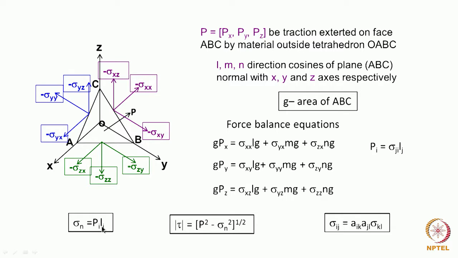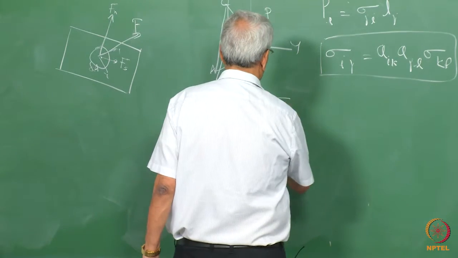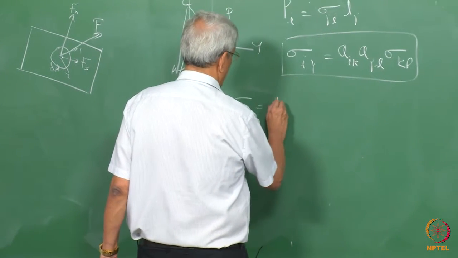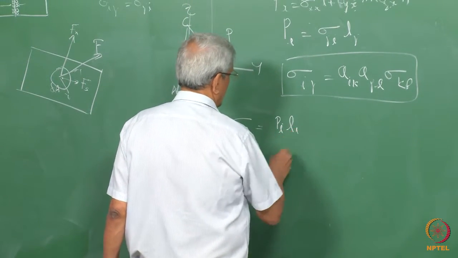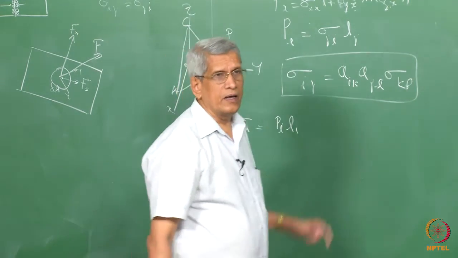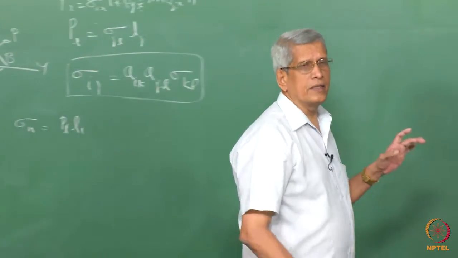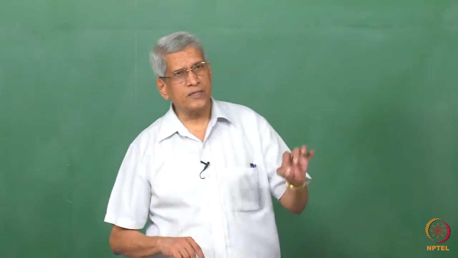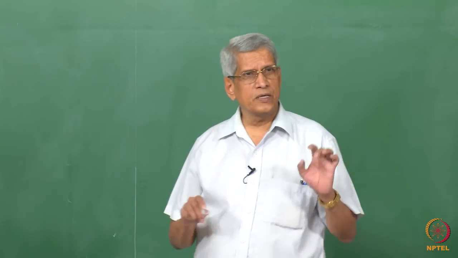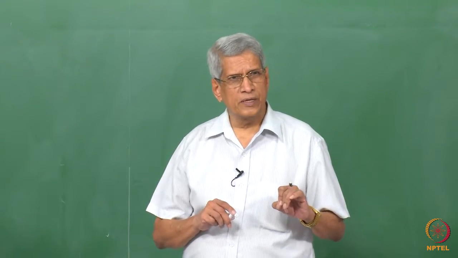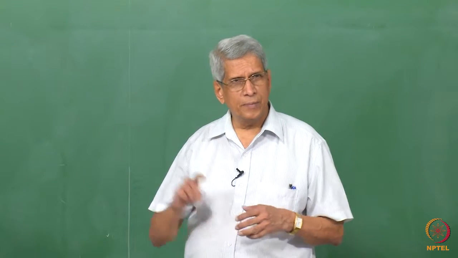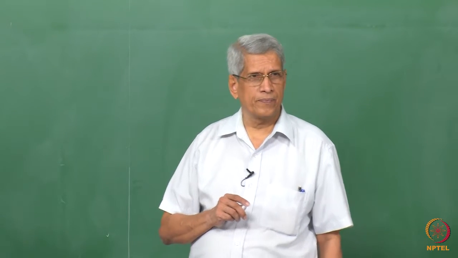That is why I put Pa into Li. Li represents the direction cosines which the different components, that is Px, Py, Pz, make with respect to the plane normal.